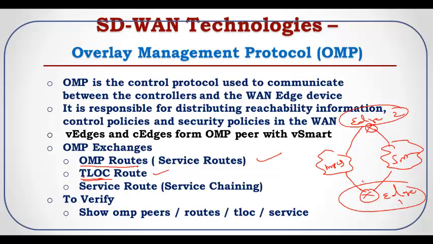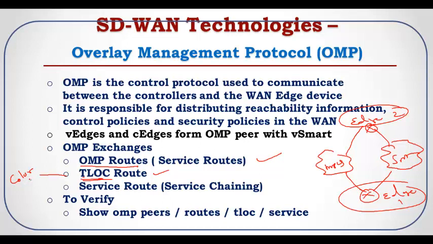There are two connections, two IPsec tunnels. Even though we have two IPsec tunnels, we will not be using both tunnels all the time, depending on the policy. What is policy? It is mentioned in this TLOC itself. We call it color.